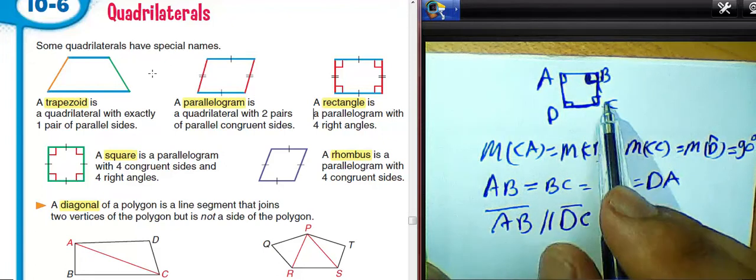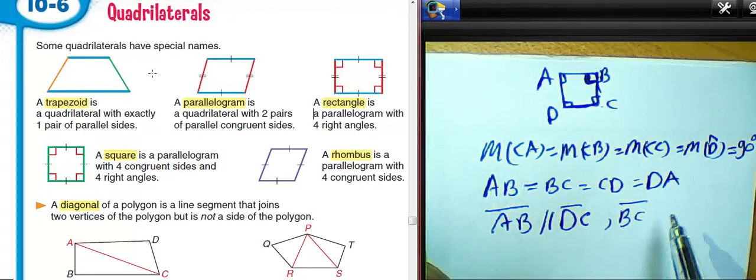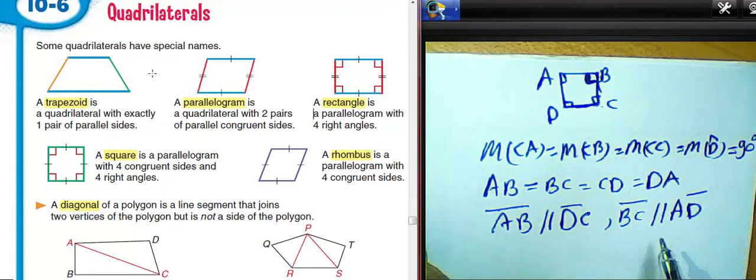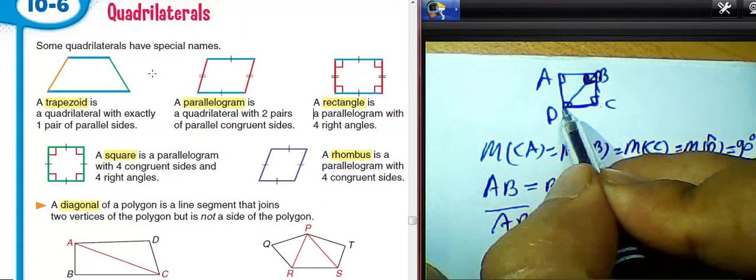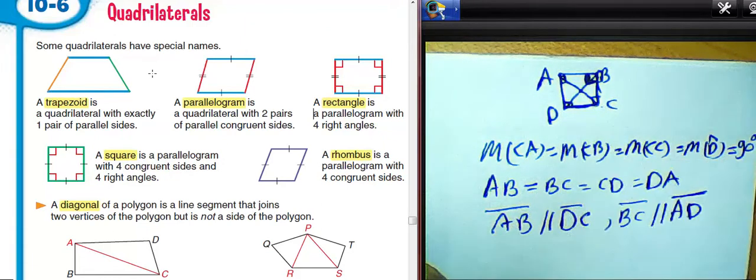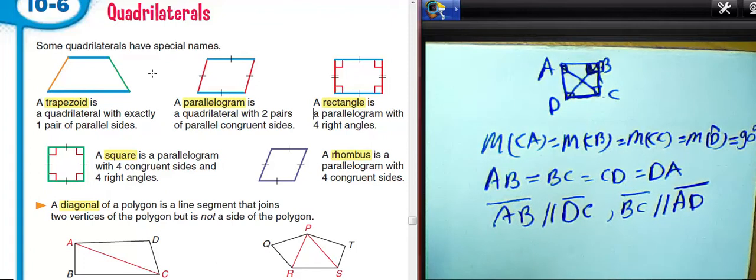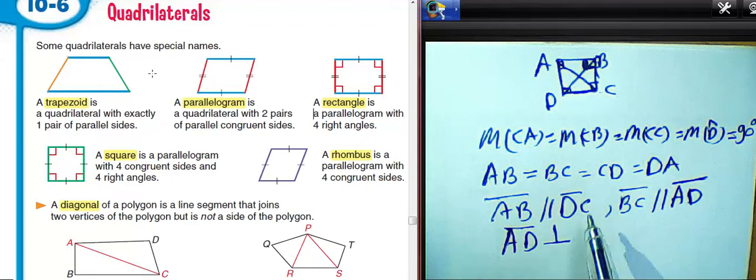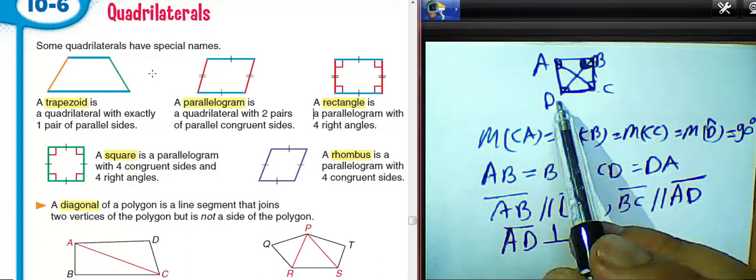Okay, BC is parallel to AD. Okay, and what about the two diagonals? The two diagonals are equal in length and congruent, equal in length and perpendicular. AD is perpendicular to DC.